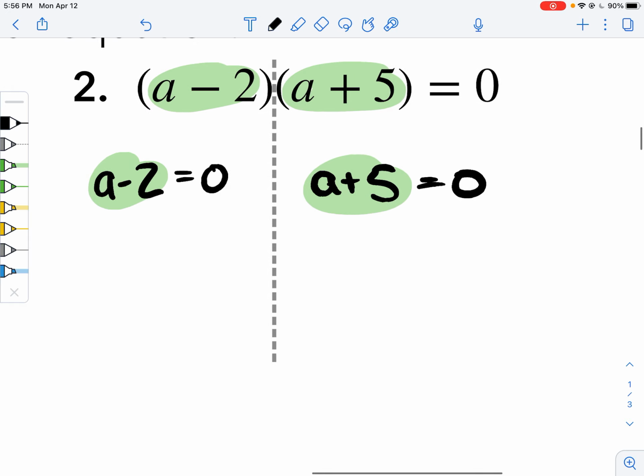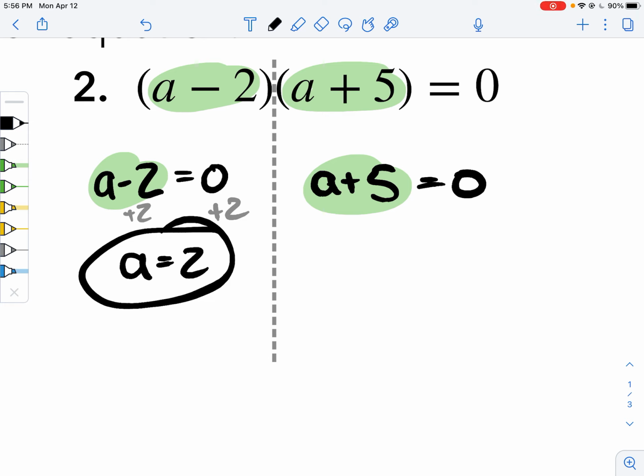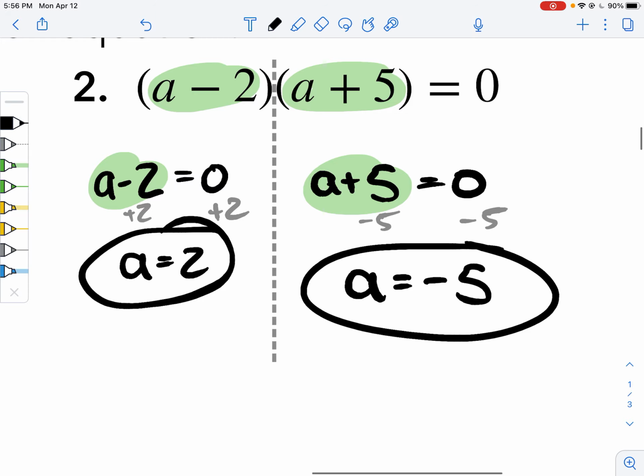Sharing is caring. Okay, so to get a all by himself, we add 2 to both sides, giving us a equals 2. And here to solve for a, we're going to add 5 to both sides, giving us a equals, nope, we're not going to add. We're going to subtract 5 from both sides, giving us a equals negative 5.